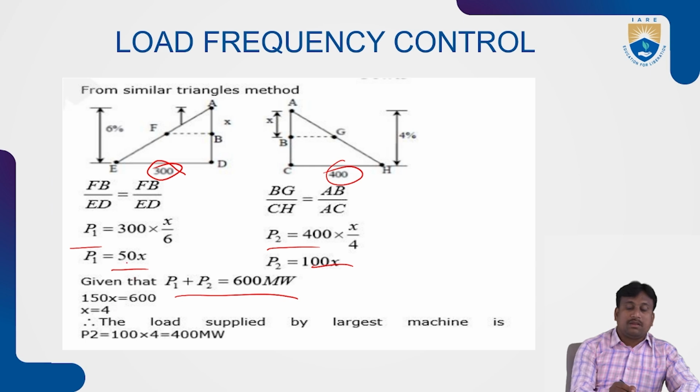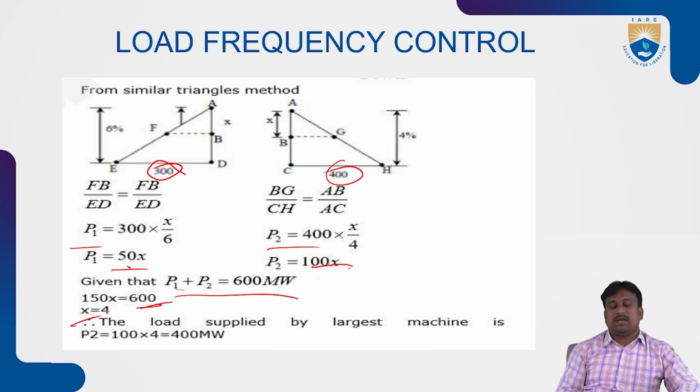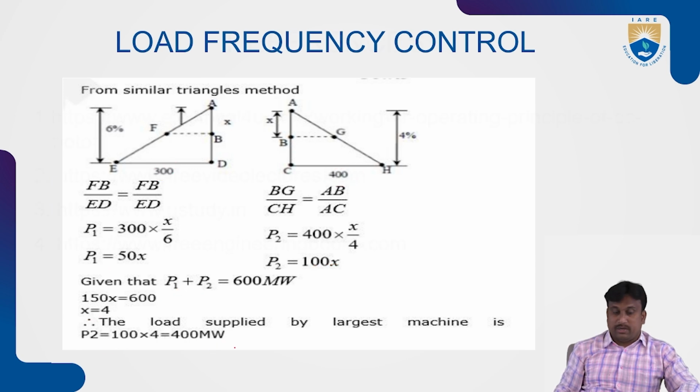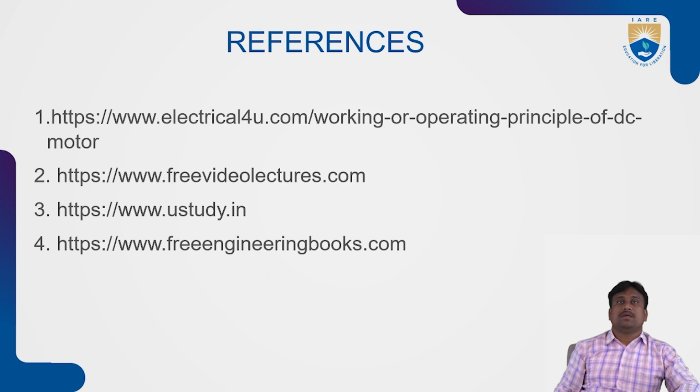Here 50 and 100, that means total 150. P1 plus P2, 50x plus 100x, 150x equals 600. The x value we obtain is 4. That means the load supplied by the largest machine is 100 into x, so P2 equals 400 megawatts. That is what we obtain as the P2 value.